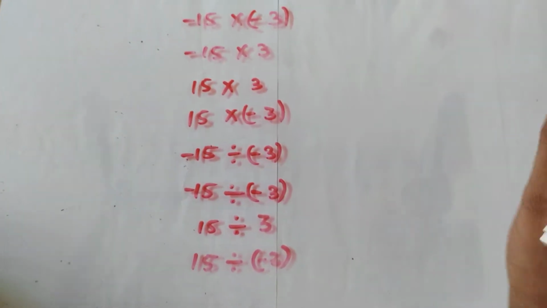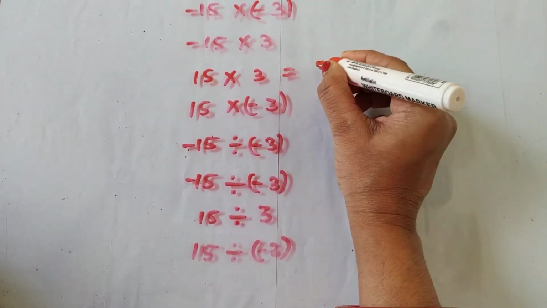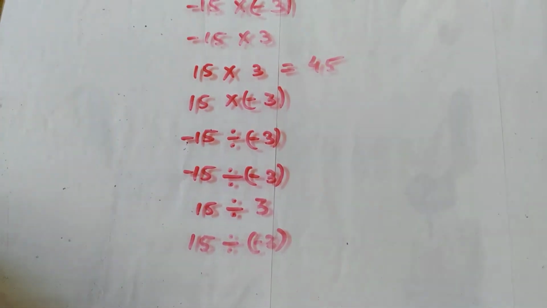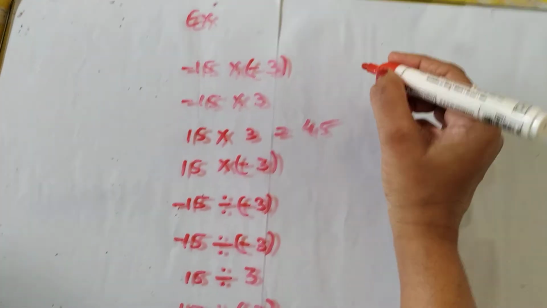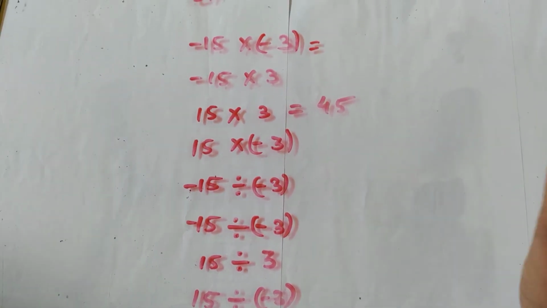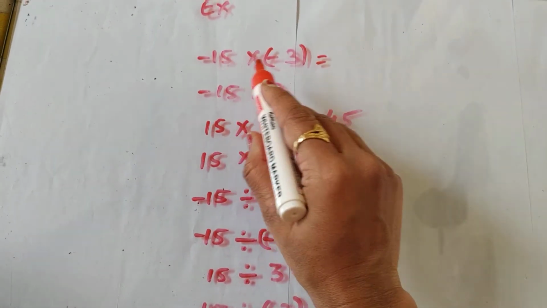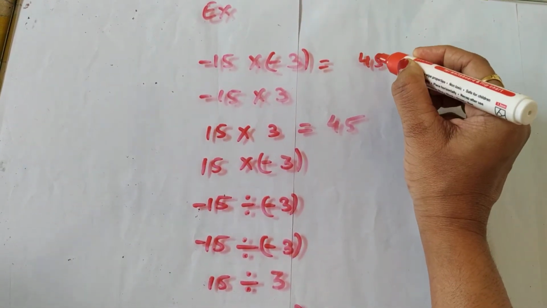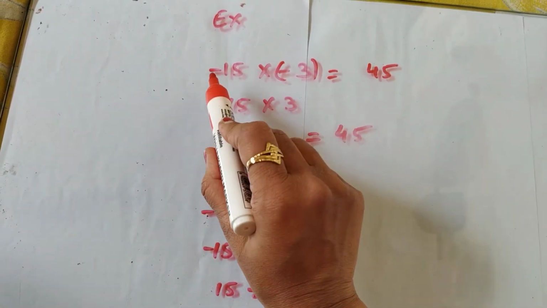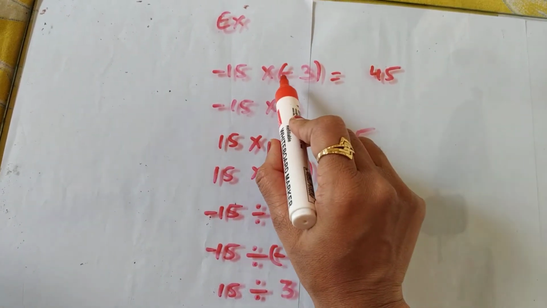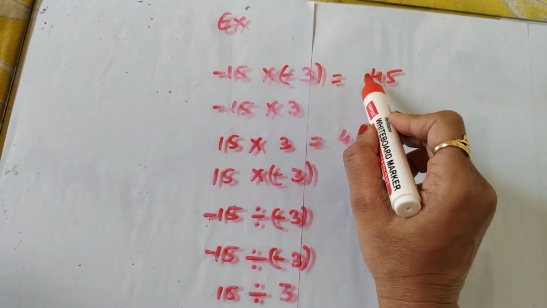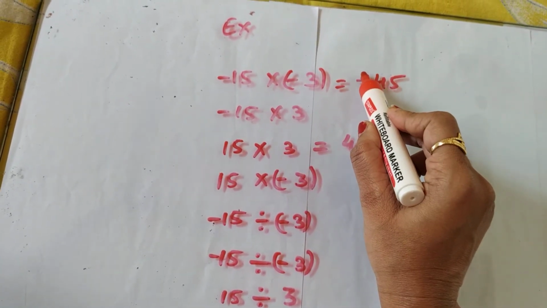15 into 3, you can easily do it. 15 3s are 45. Now we need to just multiply the numbers. 15 into 3, it is 45. But here we see sign minus and minus. Multiplication of same sign is plus, so plus 45.